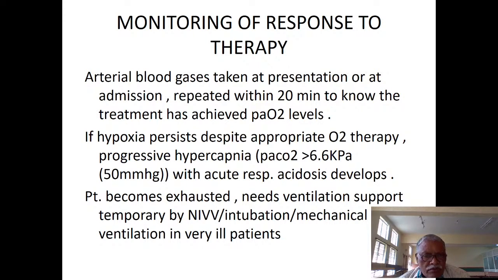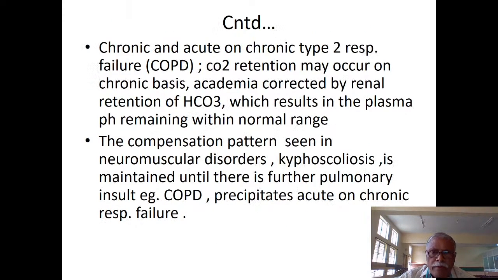And if the patient becomes exhausted, they need ventilation support temporarily by non-invasive ventilation, or by intubation or mechanical ventilation. A very ill patient should be considered.